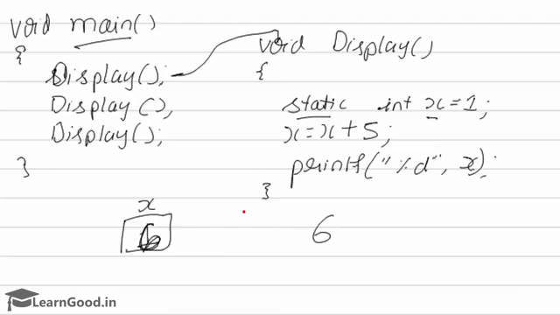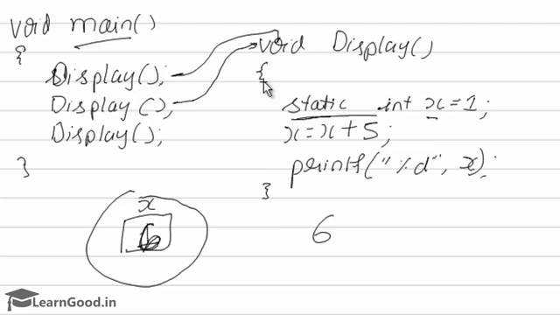As soon as you come out of this function, this x variable and its value are preserved as they are. It is not destroyed. So you go back to the main, and from main the second time you come back to this display. When you come to this display, this whole line will be skipped. The whole line, that is creation as well as dynamic initialization, is skipped, because the static variable gets created and initialized only for the first call.